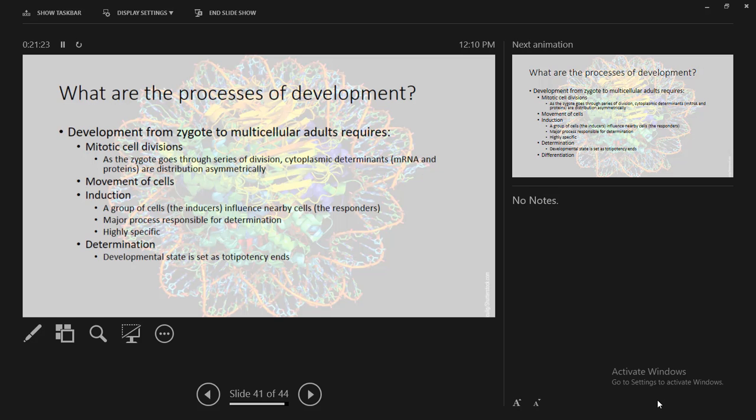Determination. And so after this early point of development, totipotency ends. Totipotency means the ability to become literally any cell type. So when that ends, you have what's called pluripotency, where it can become many cell types, but not any cell type.